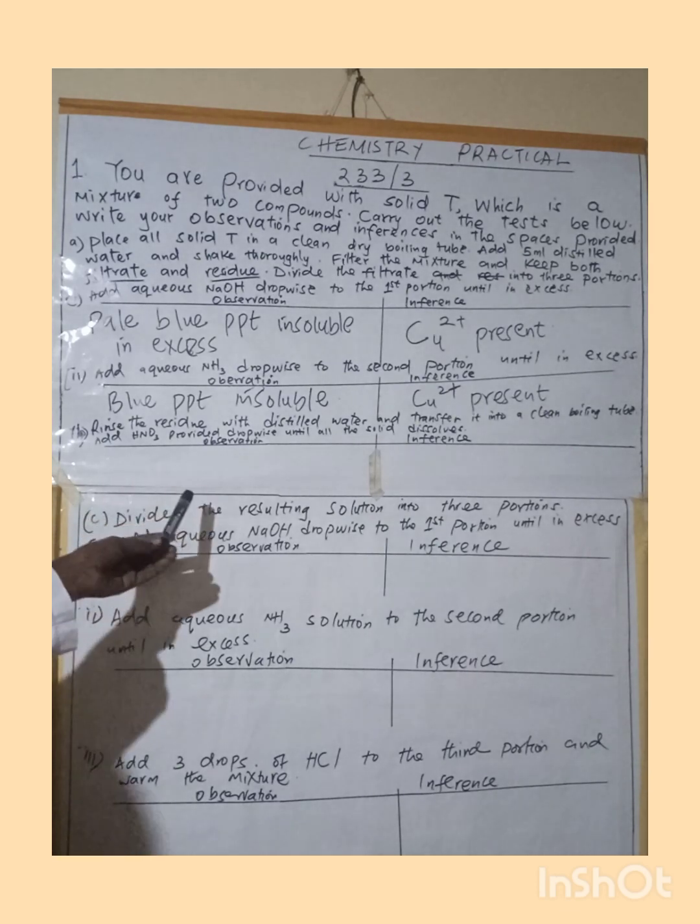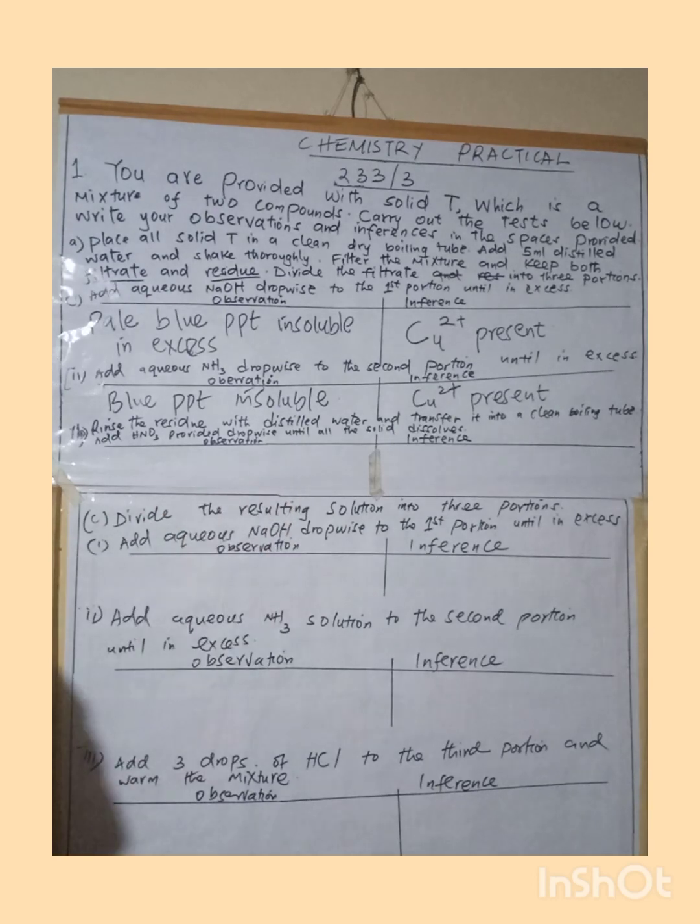Remember, you are washing the residue to remove a possibility of any copper ions which was present, because copper is soluble. We have seen it before. The copper salt was soluble in this case.